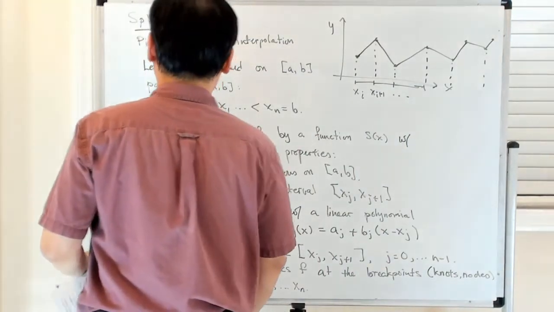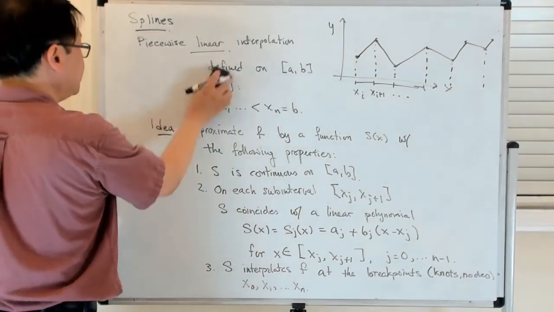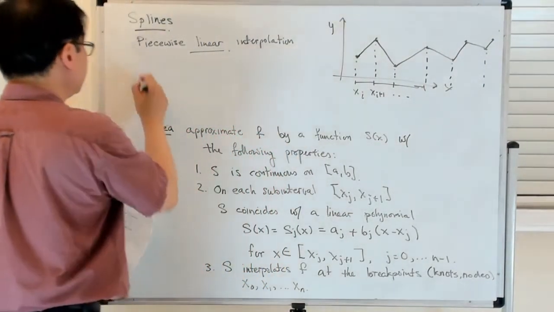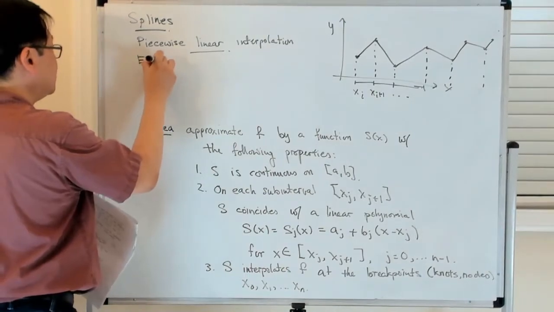Okay, so if you were to use piecewise linear interpolation, the first question to ask is, well, what kind of error do you get? So there's an error estimate.